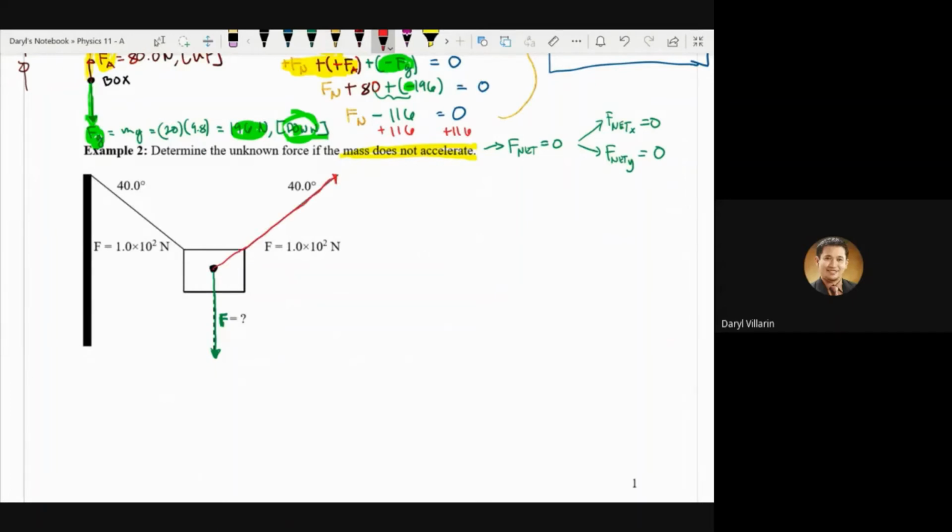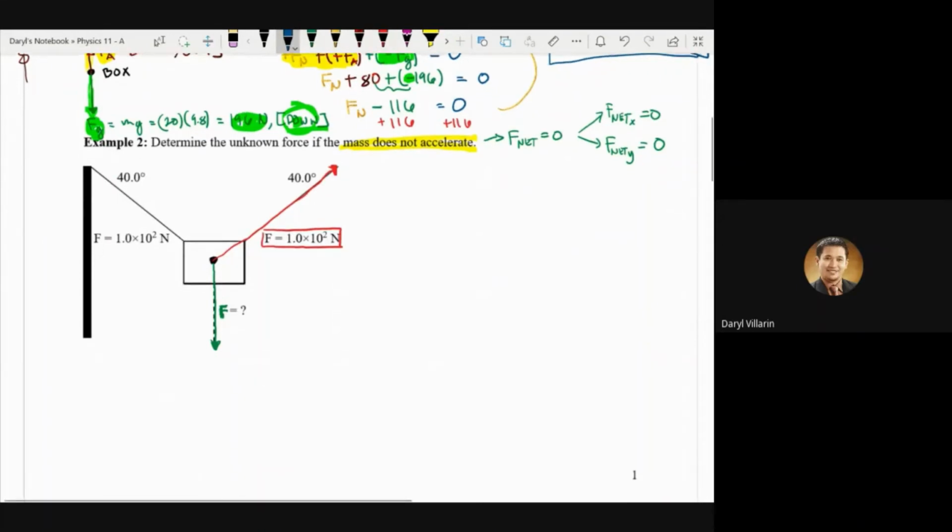Okay. The magnitude is given by this one here. And then we have the other force. Remember, just go back to the definition of the different forces. Remember that the direction of the tension force is parallel, but away from the application of the force.